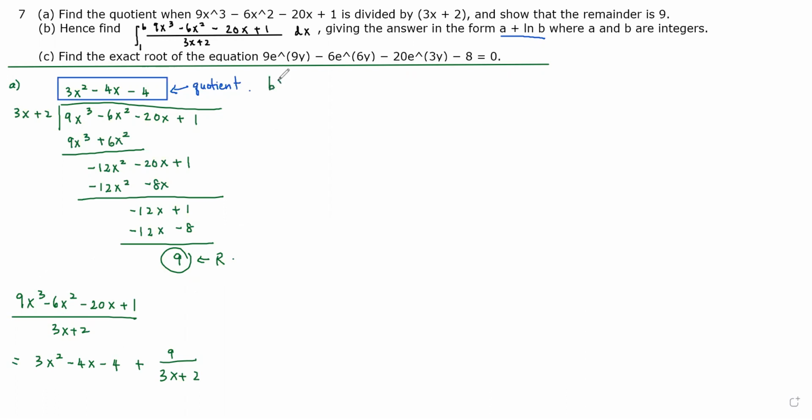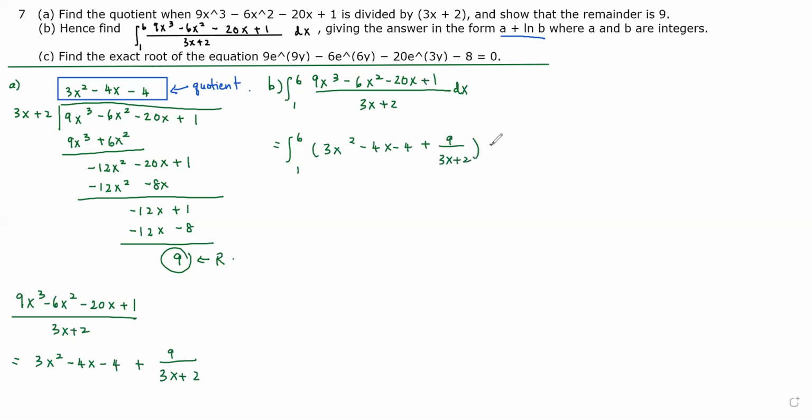Then for part B, instead of integrating all that, we will just integrate 3x squared minus 4x minus 4 plus 9 over 3x plus 2 with respect to x.